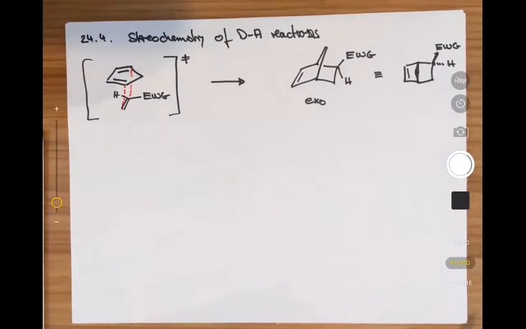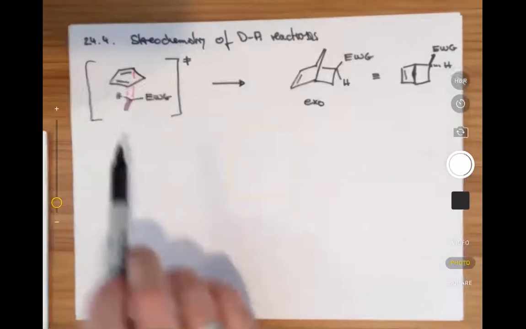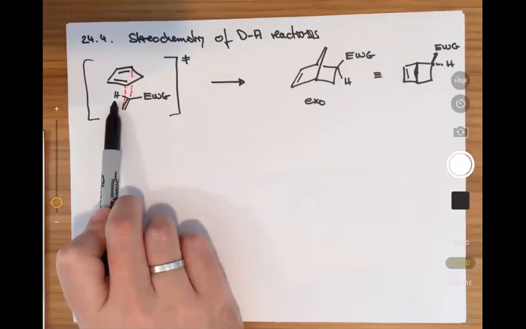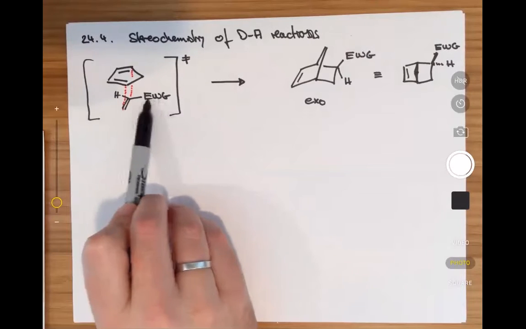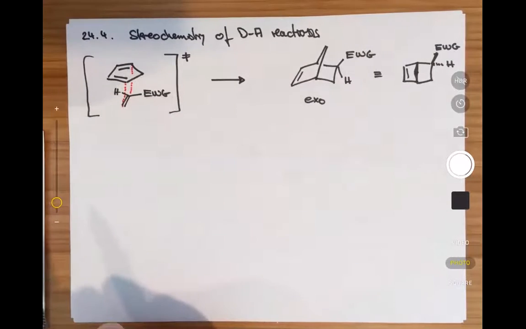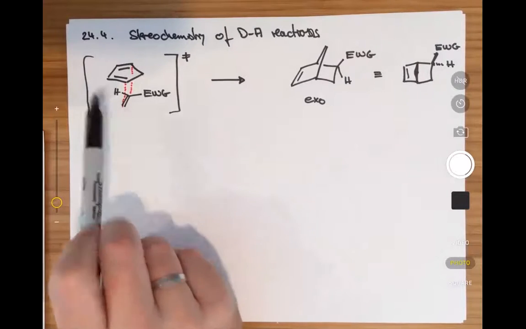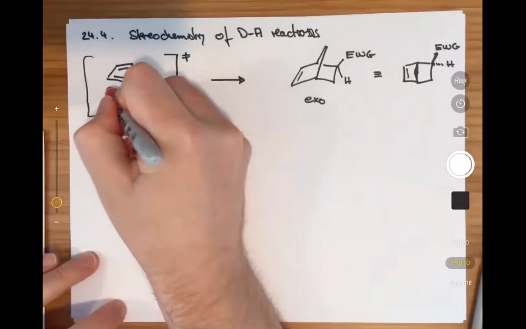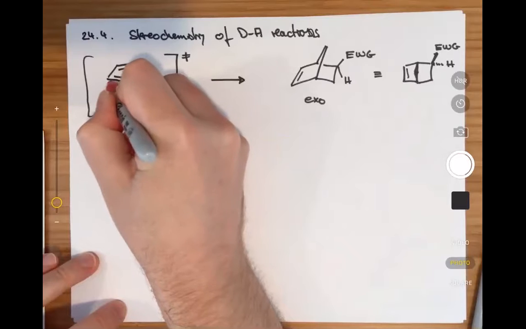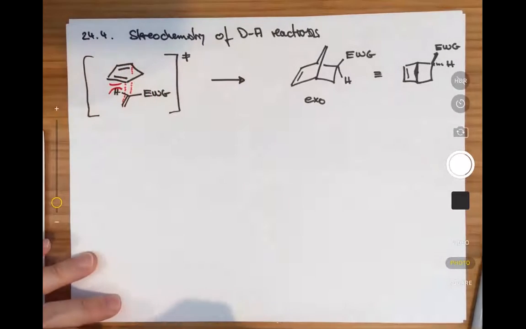However, if you think about this carefully, this is not the only transition state that you can potentially form, because I decided arbitrarily to put the hydrogen underneath this pi system and the electron withdrawing group on the outside of the pi system. Well, you could make the argument that maybe there is some steric congestion between whatever you put under the pi system here and the pi system itself.